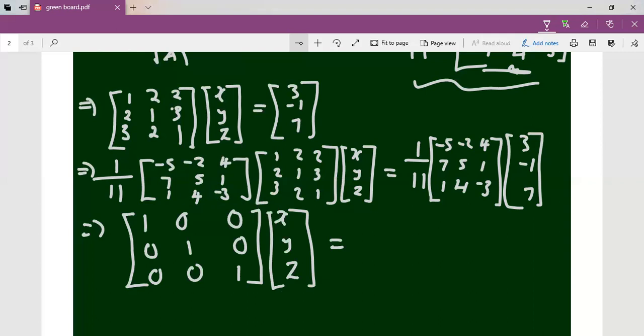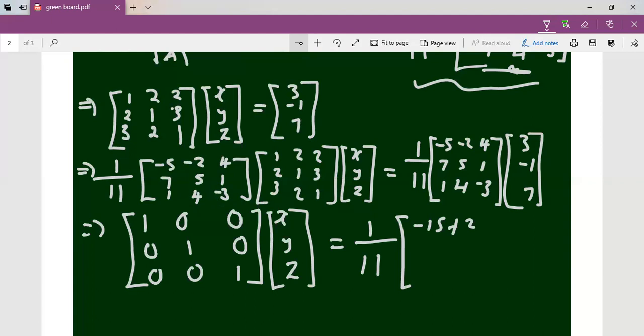Then we'll have 1 over 11. So here you can multiply. Negative 5 by 3, you get negative 15. Negative 2 by 1, you have positive 2.